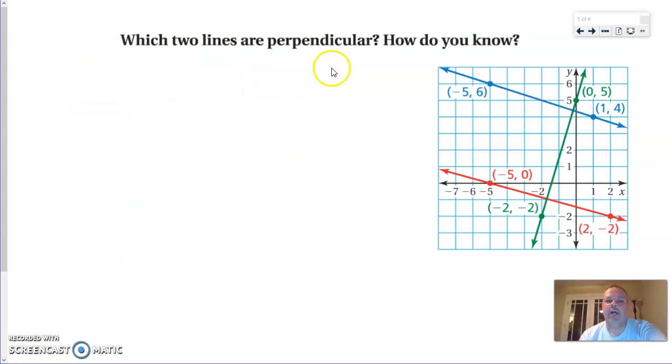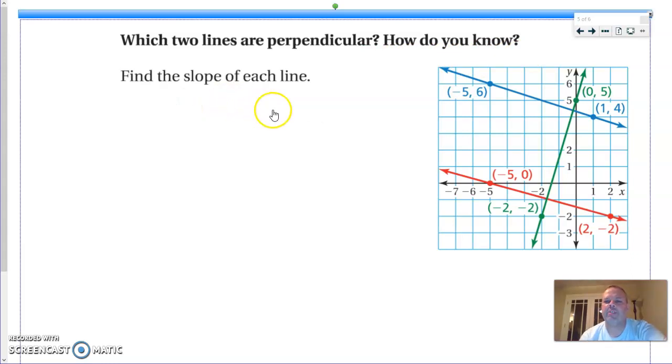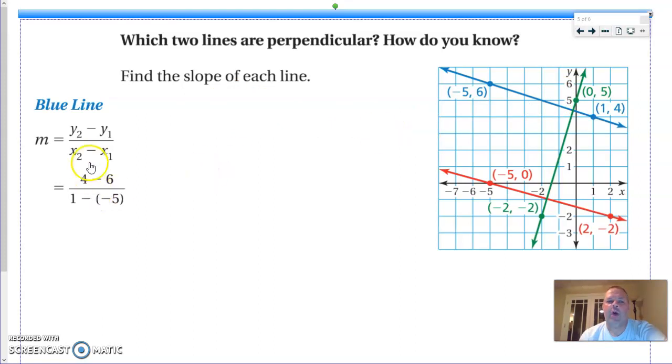Which of these two lines are perpendicular? How do you know? Again, the first thing that we will have to do is find the slope of each line. We're going to do the blue one. They did it with y2 minus y1. Again, I can go up 1, 2 over 1, 2, 3, 4, 5, 6. That's negative. So this is going to be negative 1/3.